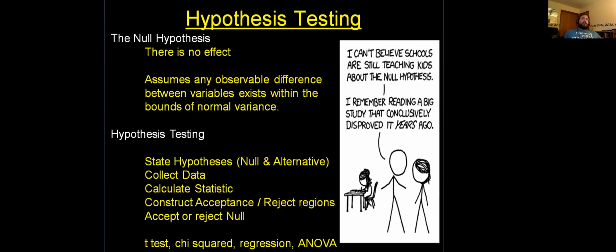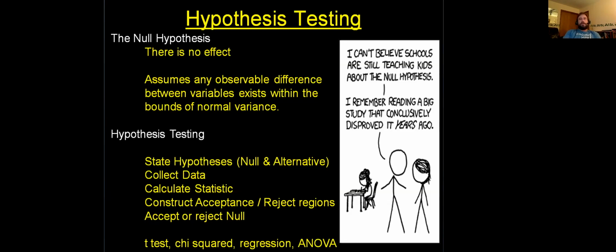But in all cases, there are some commonalities to them, and the most prominent is this idea of the null hypothesis. So the null hypothesis is kind of the Big Lebowski of hypotheses. It's the one that just says, hey man, there's nothing going on here, nothing to see here.